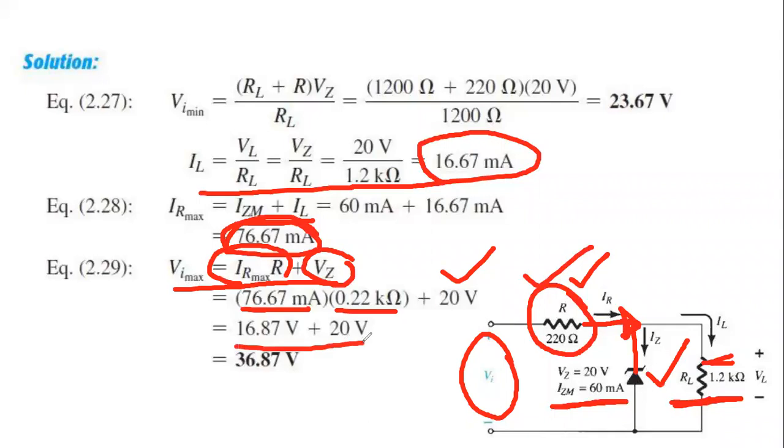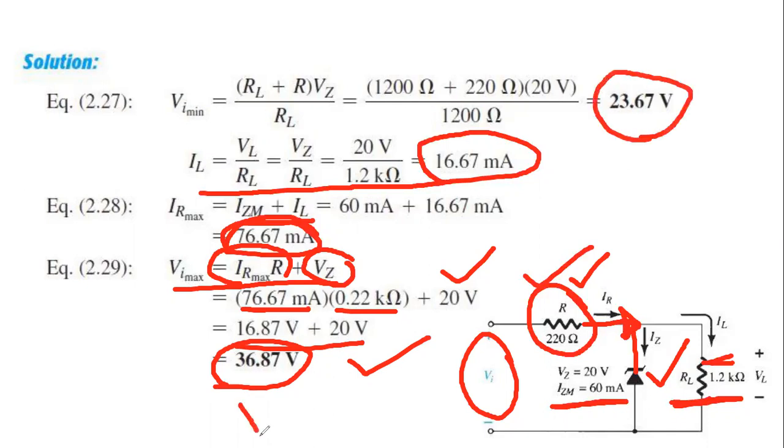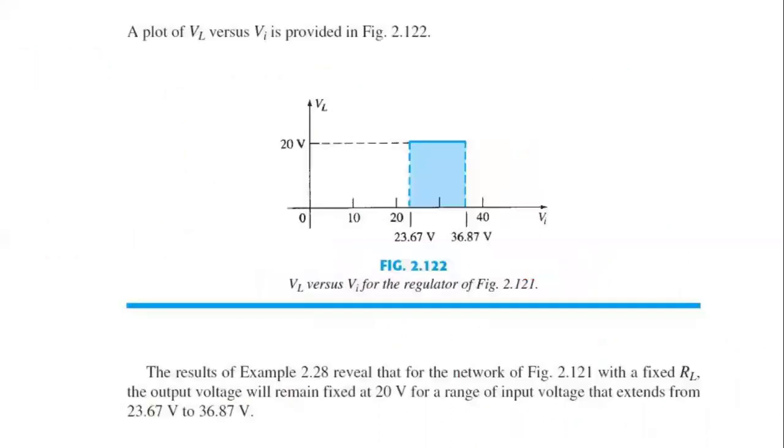If you sum up everything, we get 36.87 volts, the maximum voltage available for Vi. So 23.67 is the minimum voltage and 36.87 volts is the maximum voltage for the input voltage. That's how we find the range of the input voltage.